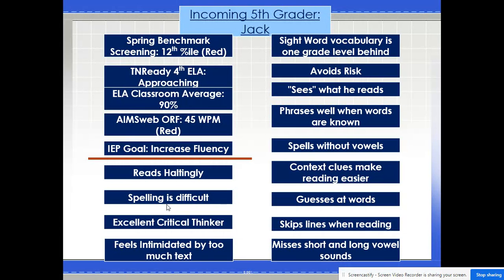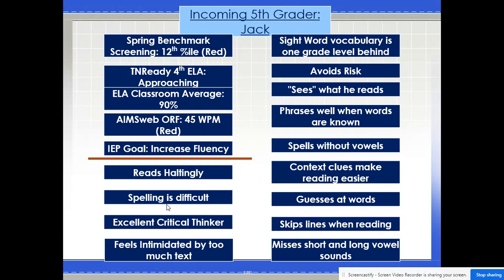He missed out on phonemic awareness, and that's harsh when you think about Jack coming into 5th grade. But obviously, if he's a good critical thinker, he sees what he reads, he can visualize. He uses context clues. He's got great coping skills, but he doesn't have that foundational piece.